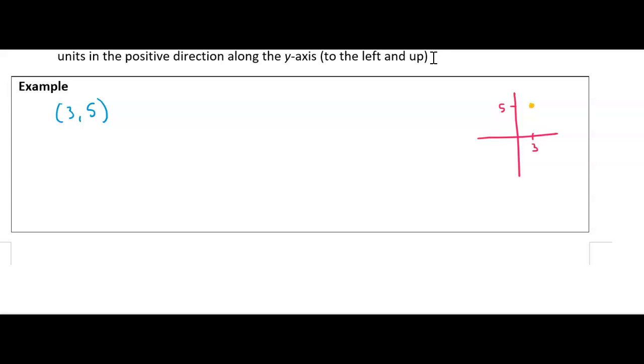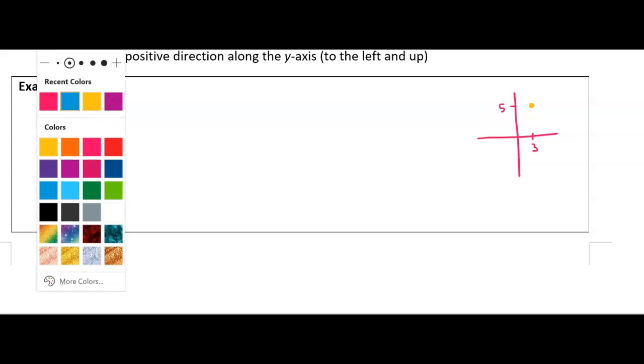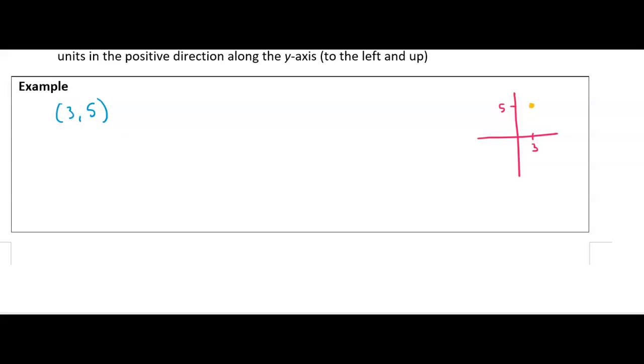Now that could be a point on its own, or it could be on a graph, and it doesn't matter what graph it is. Let's say this point has gone 4 units in the positive direction of the x-axis. I'm just going to do a bit of shorthand because I'm running out of time. Negative direction of the y-axis. So that means it's gone to the right and it's gone down.